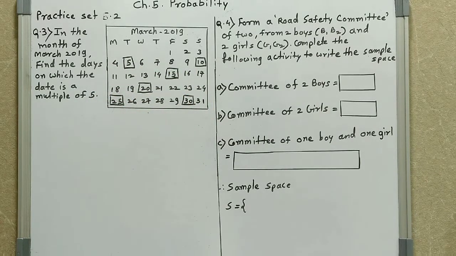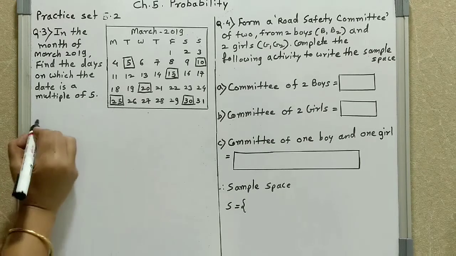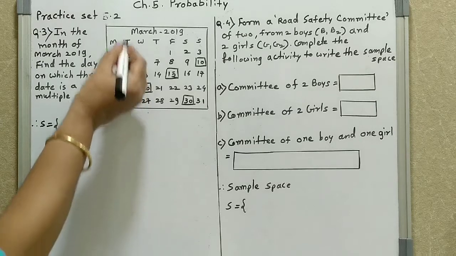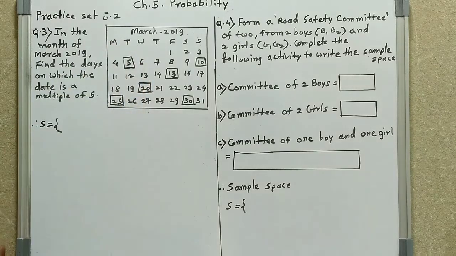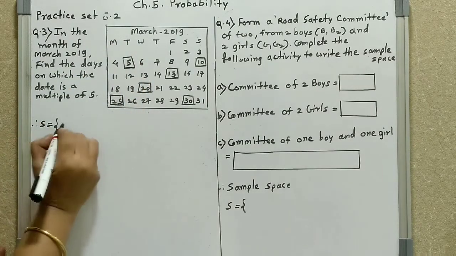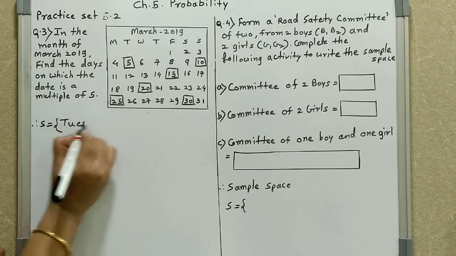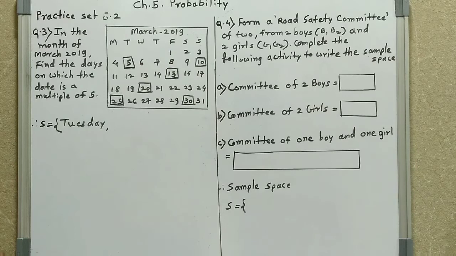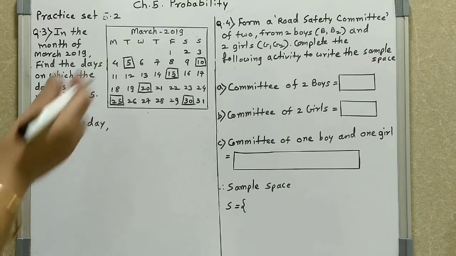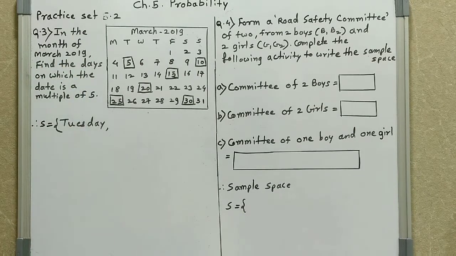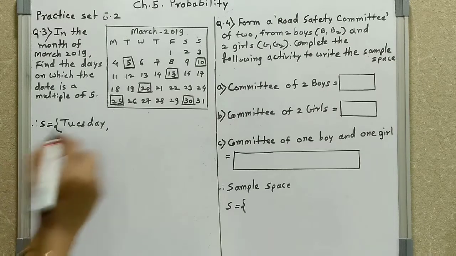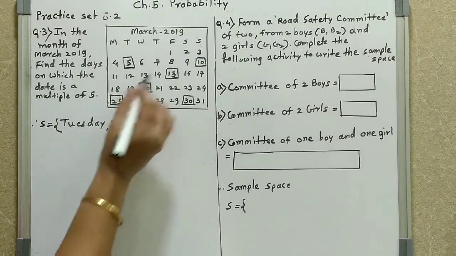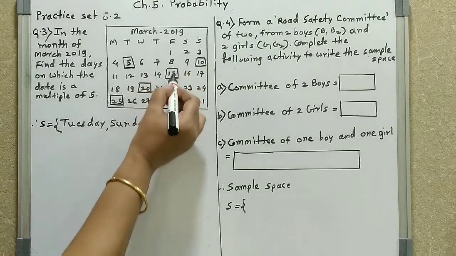Then we write the sample space. Therefore S is equal to, first which date? 5 is a Tuesday. So we write here Tuesday. Then 10, which day is the 10th? That becomes a Sunday. So we write here Sunday. Then 15, which day?